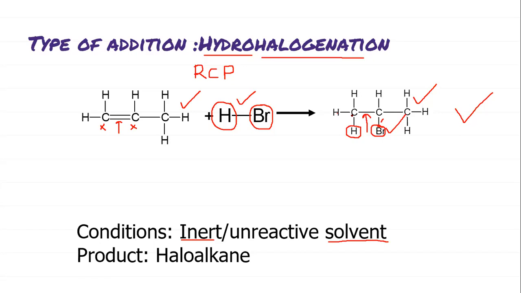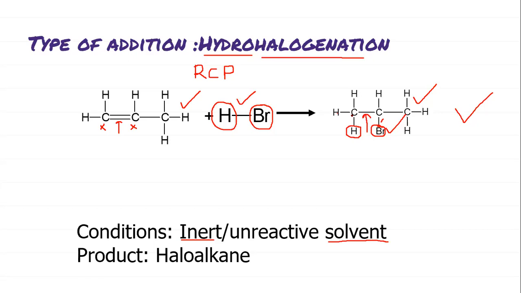So we will be continuing with more addition reactions, as well as reactions of haloalkanes as we go through the week, as well as polymerization reactions. So be able to deal with these types of reactions, which are your combustion that we dealt with at the beginning, your substitution as well as addition.